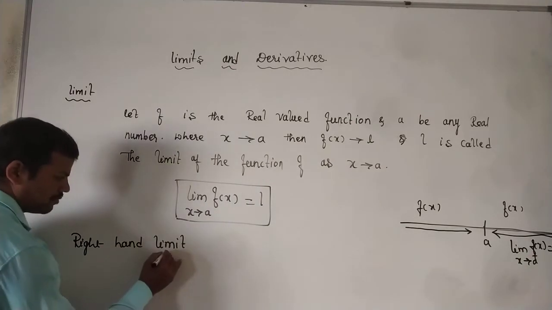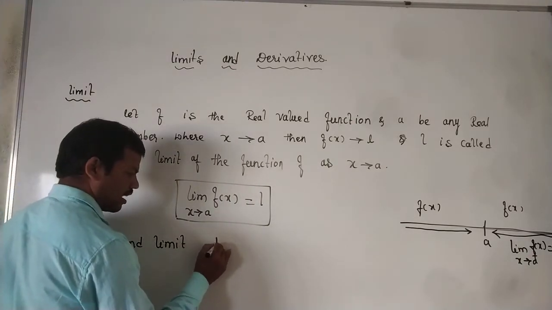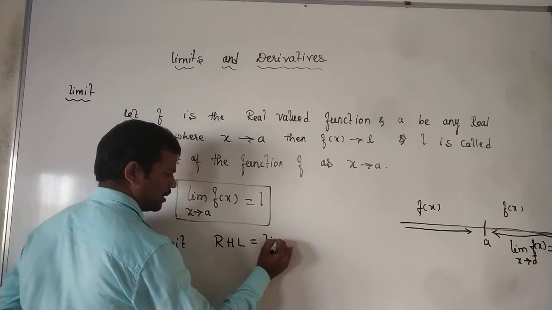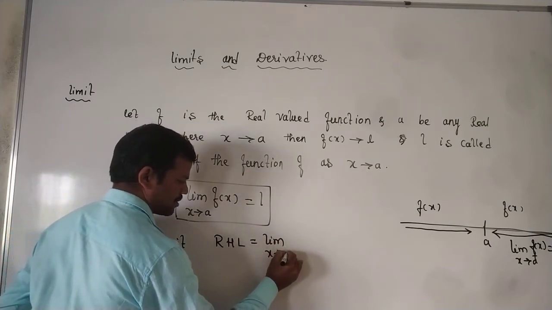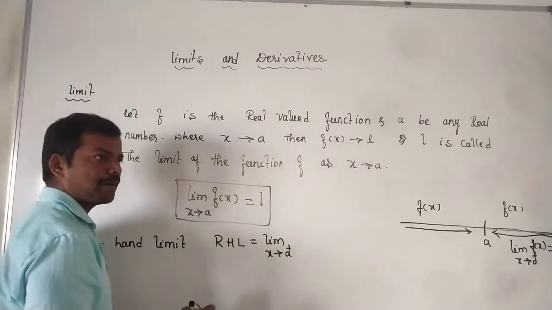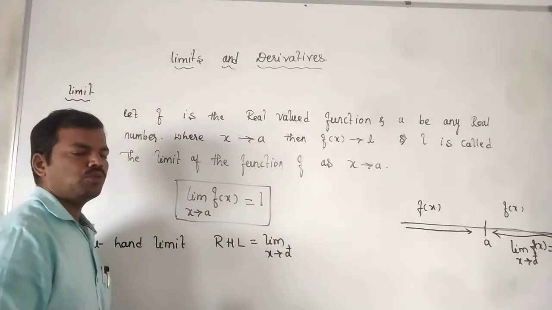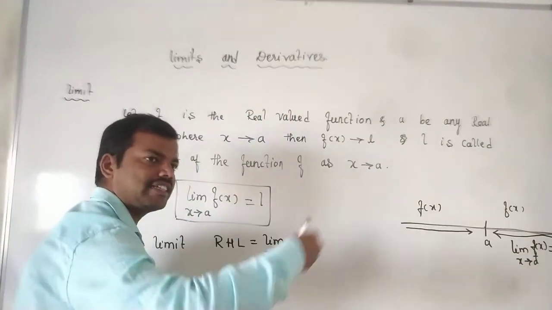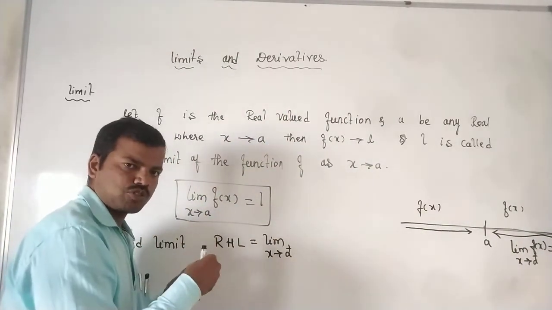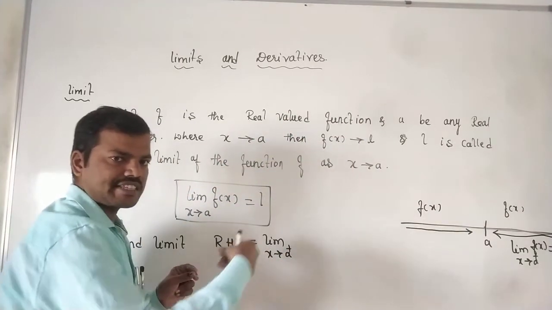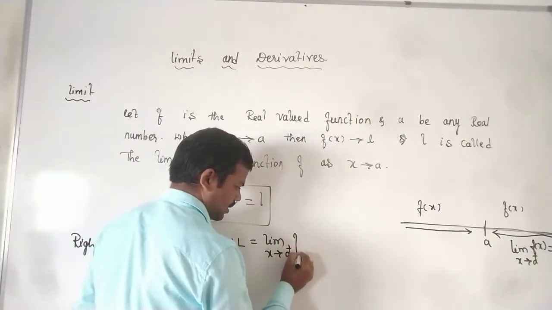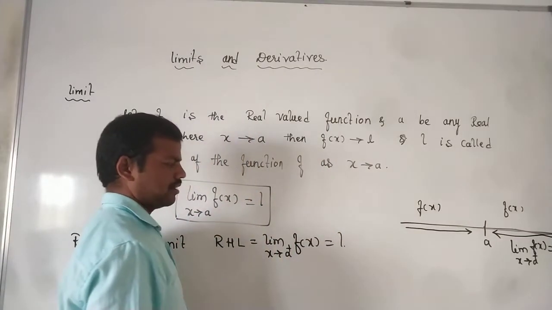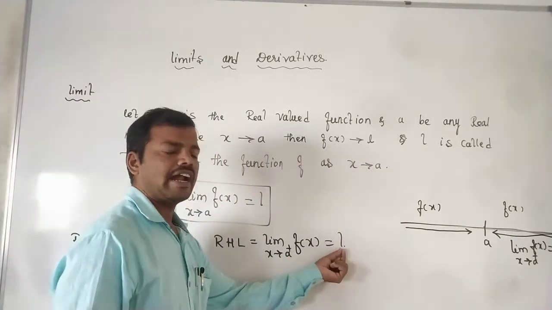That is what we call RHL, equal to limit as x tends to a plus. A plus indicates that you are approaching from the right side of a, and f of x approaches some real number. So this is called a right hand limit.